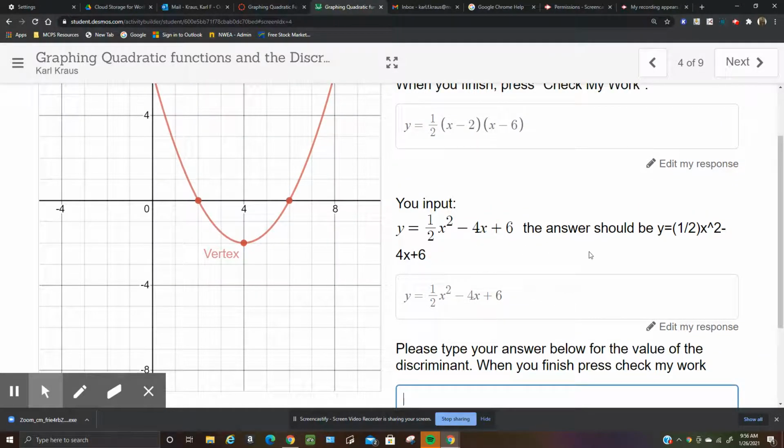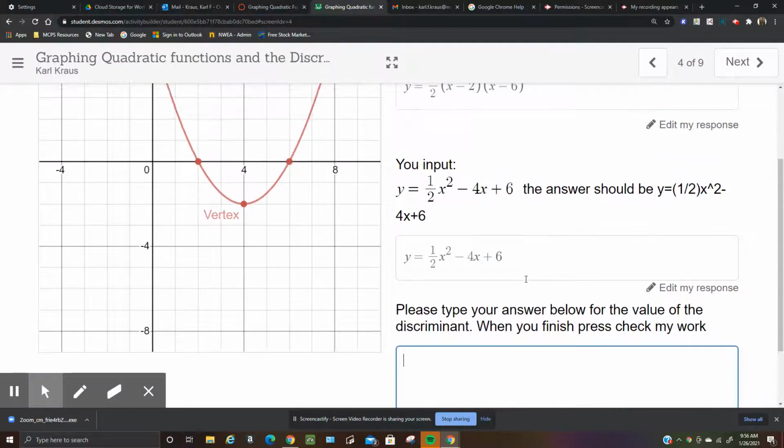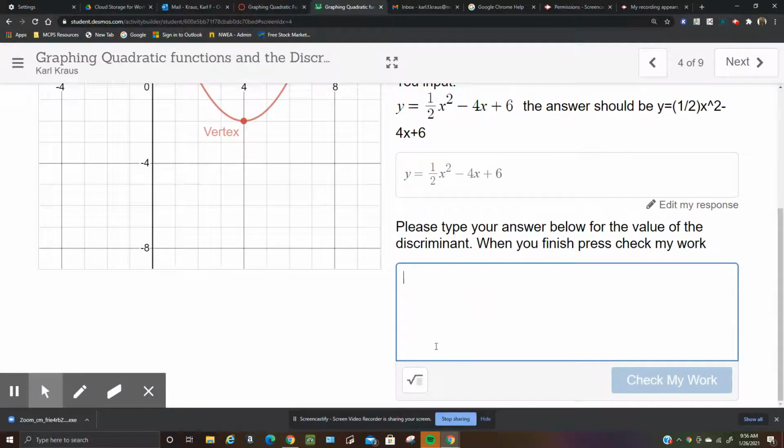So I input this answer and it matches the answer that should be. All right, and then find the discriminant.